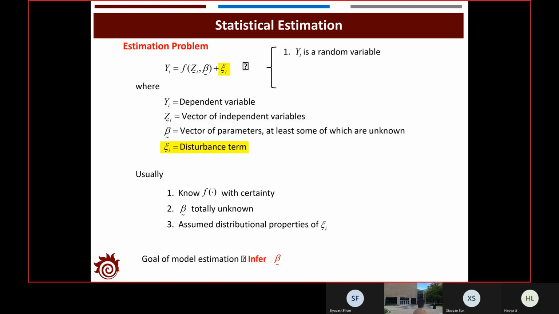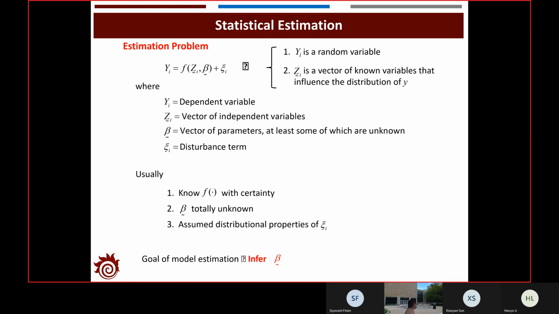So if we go to check the original equation, as we know that epsilon is a random variable, you must see that y is also a random variable, if we consider this one is picked up randomly from the population. And z is now a set of the vector with the known variables, and that will be something we can observe.